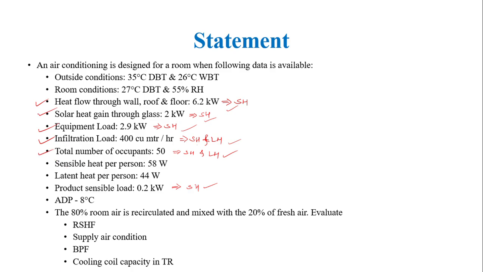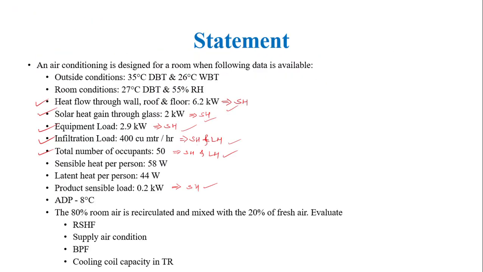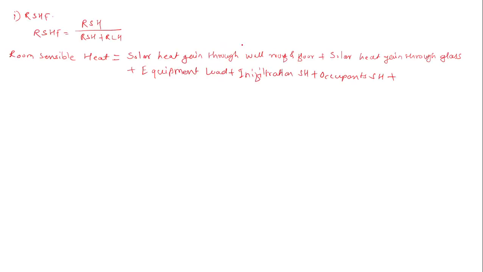Okay, so this is what I'll write: occupants sensible heat, plus here the sensible heat per person is given, and then you'll have the product load, which is again a case of sensible heat. So it's a product load. Okay, so this is the formula for room sensible heat. So we will calculate one by one all those things.